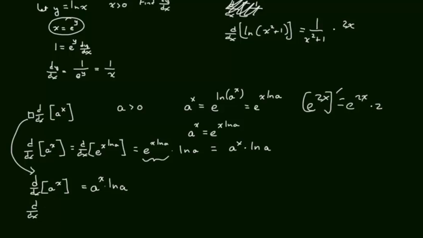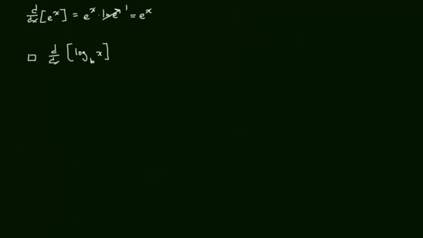It's also worth noting that if we said e to the x, where e is the constant, that would be e to the x times natural log of e, and natural log of e is 1. And to be consistent, the domain of this is all real numbers. x is an element of the reals.